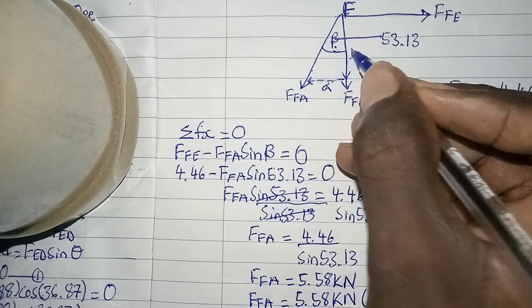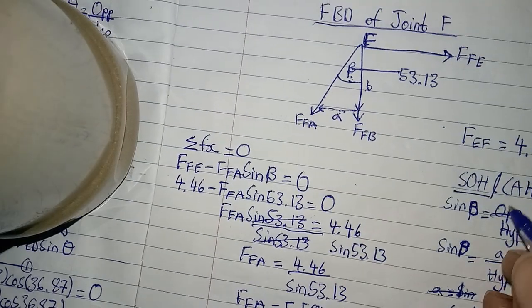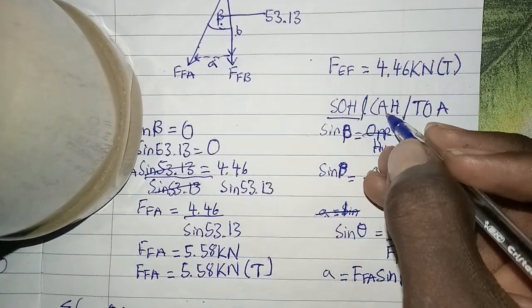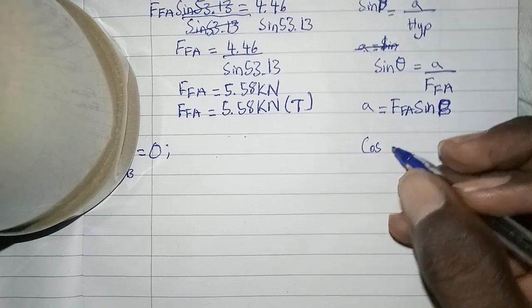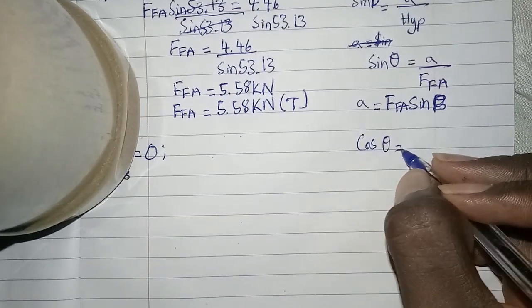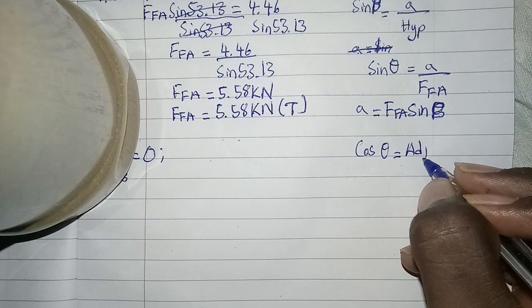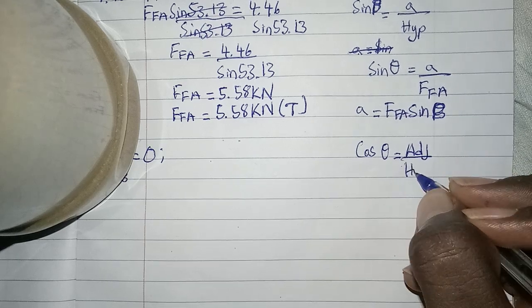Adjacent and hypotenuse will fall under cos. So cos theta is equal to adjacent over hypotenuse.